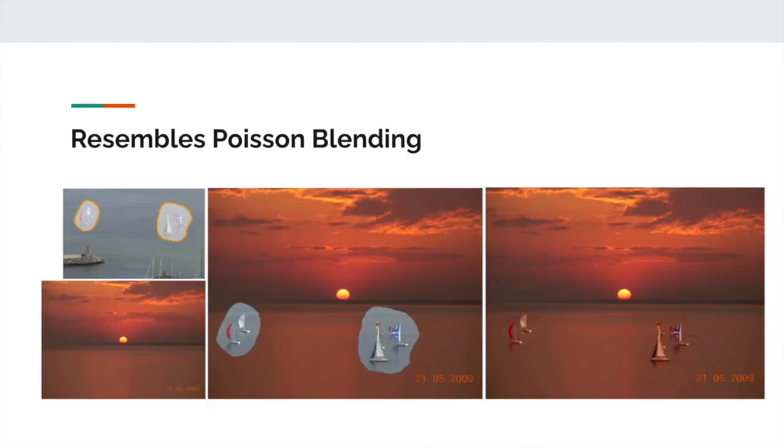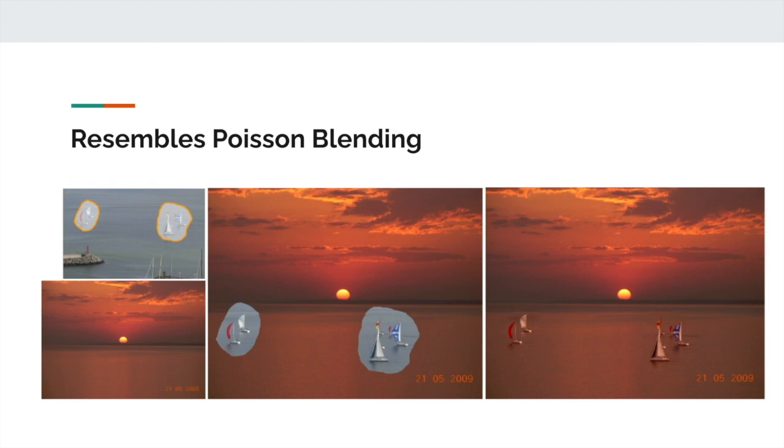This resembles Poisson blending. In Poisson blending, given a source image and a target image, the task is to blend a portion of the source image into the target image so that it looks natural. And these specific portions are defined by a hard mask. So, as we said, our normal maps contain information about depth gradients.